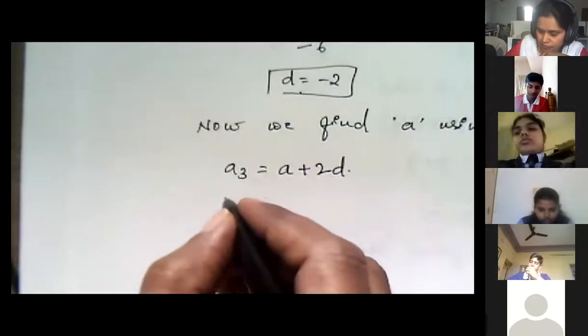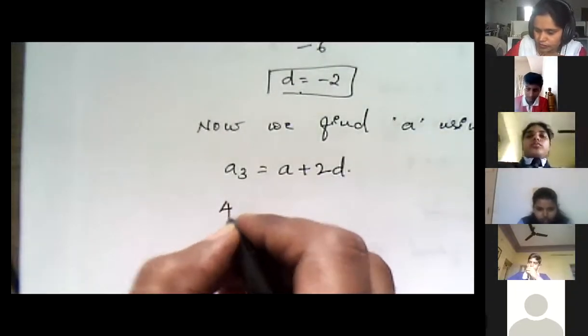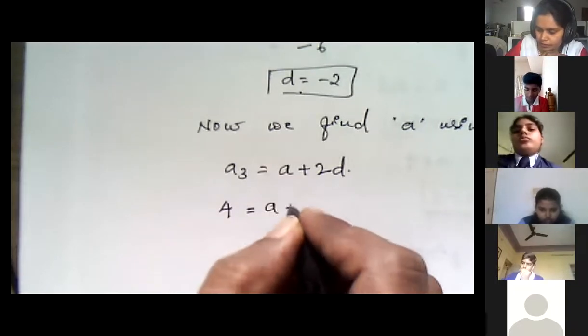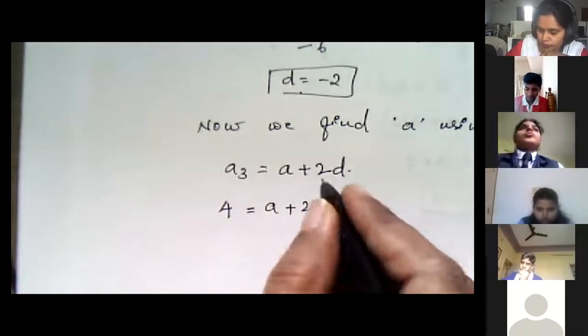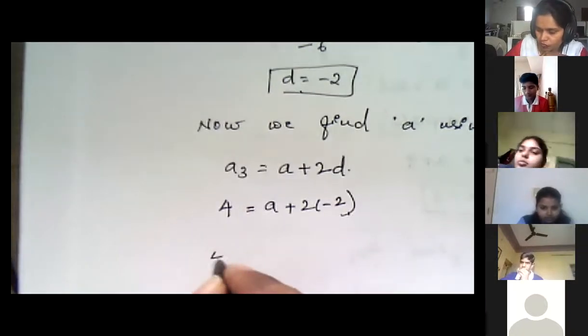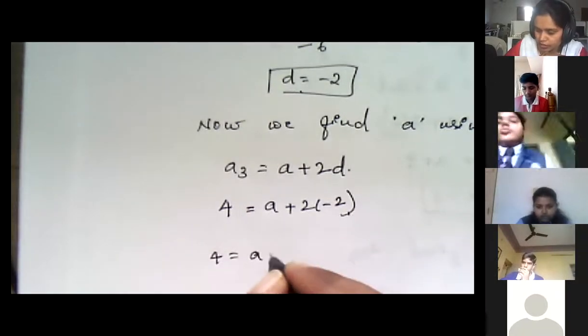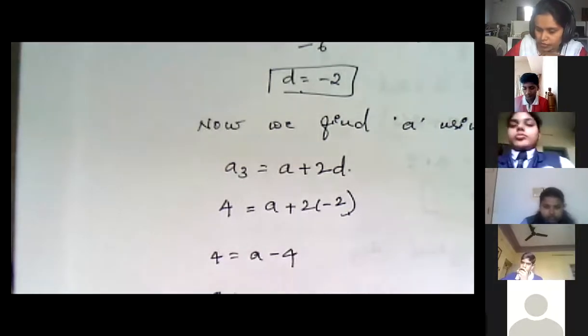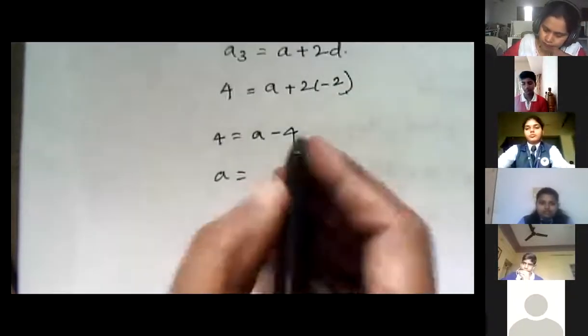The value of A3 is 4, so 4 equals A plus 2 into -2, that is, A minus 4. What's the value of A? A equals 8.